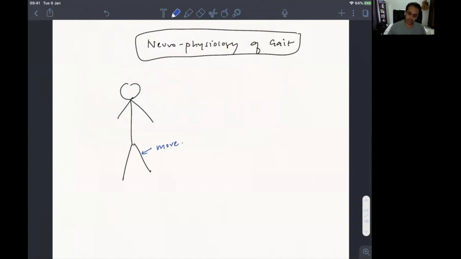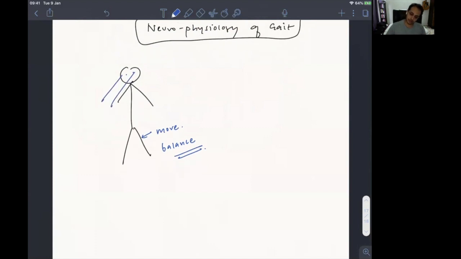You also note that when the person is walking, you are maintaining your balance. The person has to see where they're walking, and you also need an idea of the environment because they need to know where they are going.